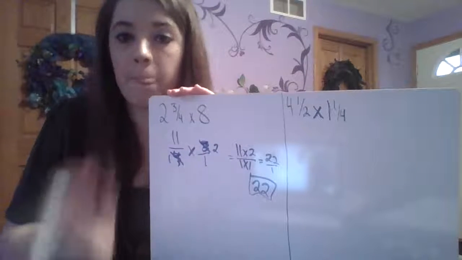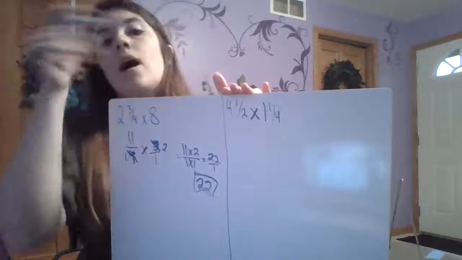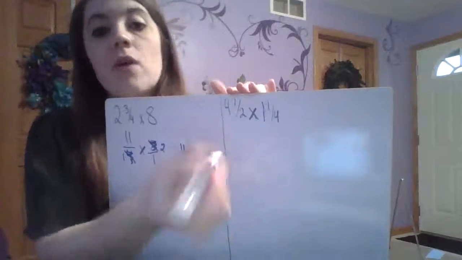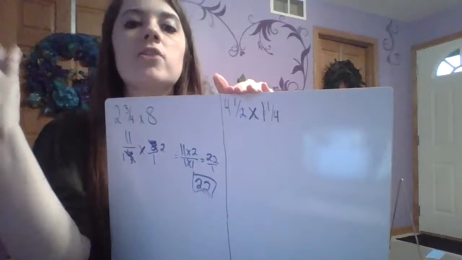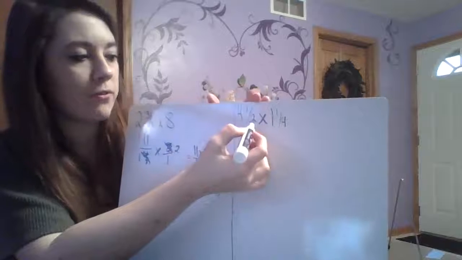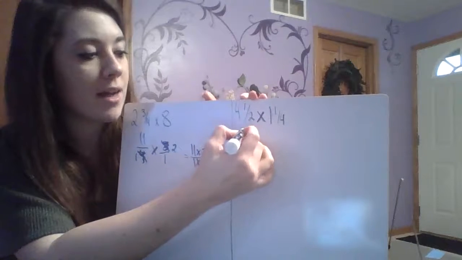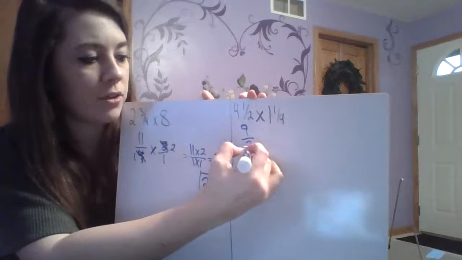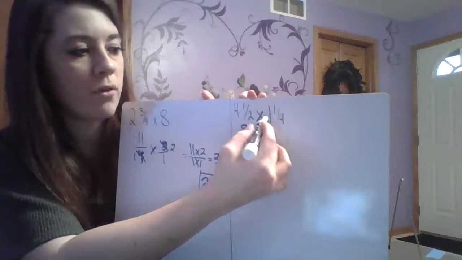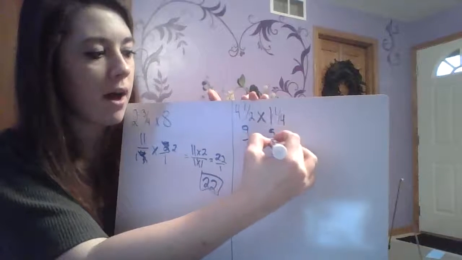Okay? All right. Our next one, we have 4.5 times 1 1/4. So first things first, we convert it into improper fractions, aka our keyword for the day. So 2 times 4 is 8, plus 1 is 9. So we've got 9 over 2 times 4 times 1 is 4, plus 1 is 5.